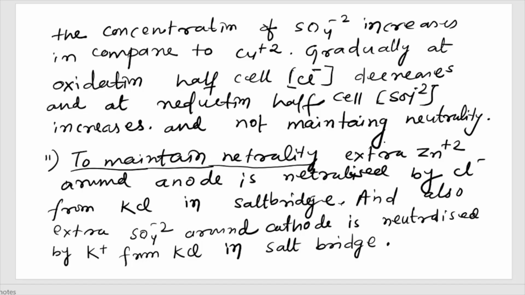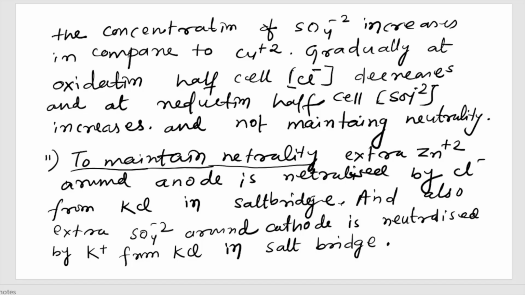When you compare with the Cu+2, the sulfate ion concentration increases. Gradually, what happened? Now the concentration of SO4-2 increases compared to Cu+2 because Cu+2 gains electrons, so the concentration of SO4-2 increases.